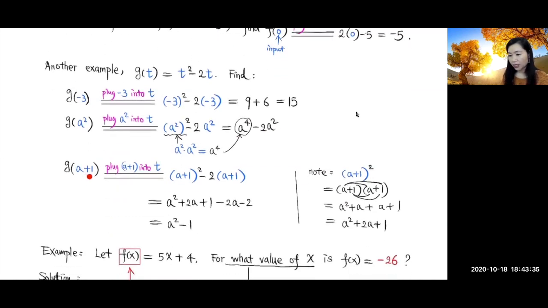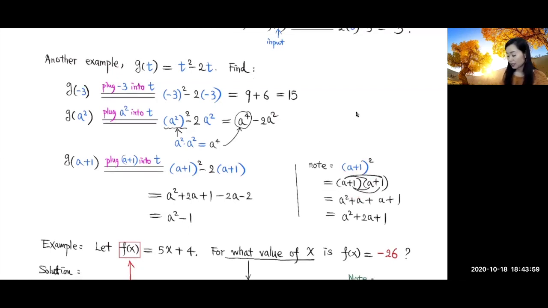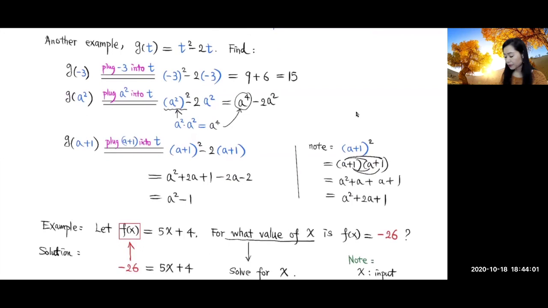G of a plus 1. A plus 1 over here is an input. So we're going to plug this into t. So you get parenthesis a plus 1 squared minus 2 times a plus 1. When you expand this a plus 1 squared, then you get a squared plus 2a plus 1 over here.